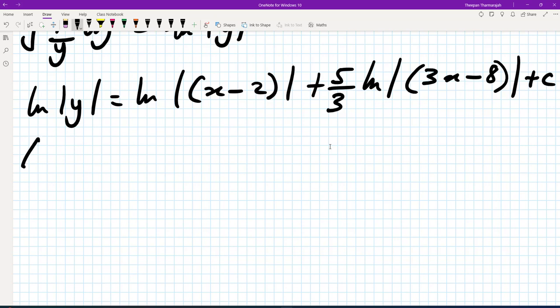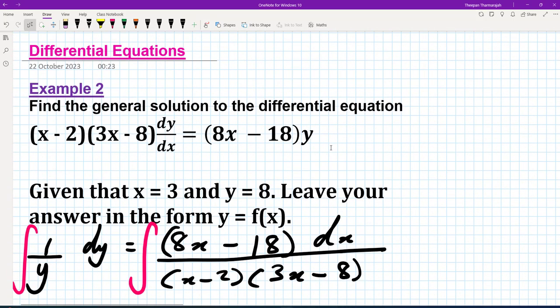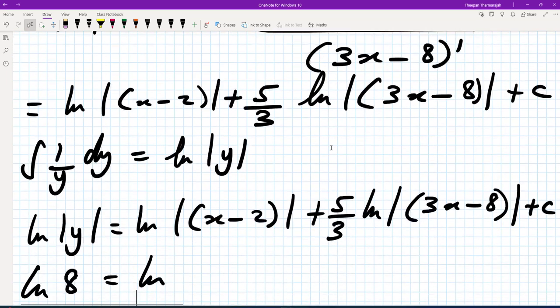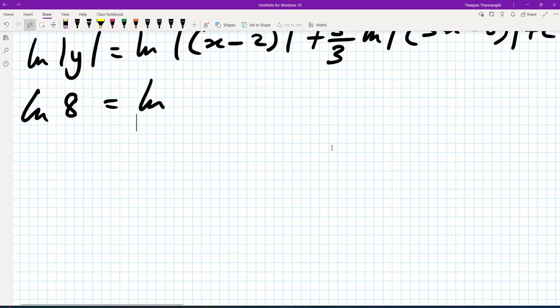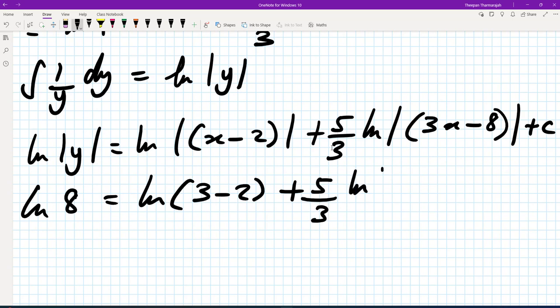So we're going to say ln 8 equals ln, now we said that x was 3 in our case, so I'm going to write this as 3 minus 2 just for completeness, plus 5 over 3 ln, well, 3 times 3 minus 8.